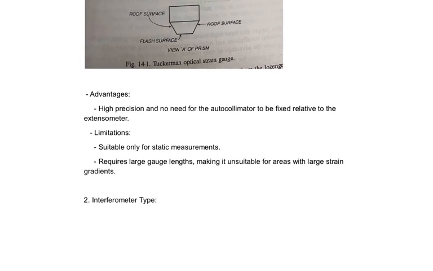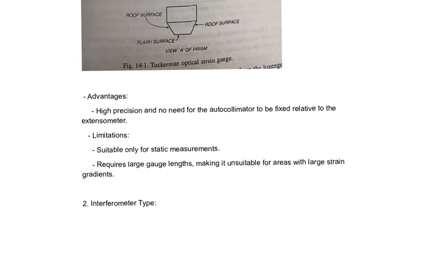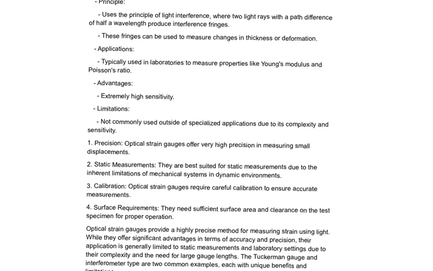The next one is the interferometer type. The principle is that it uses light interference, where two light rays with a path difference of half a wavelength produce interference fringes. These fringes can be used to measure changes in thickness or deformation.